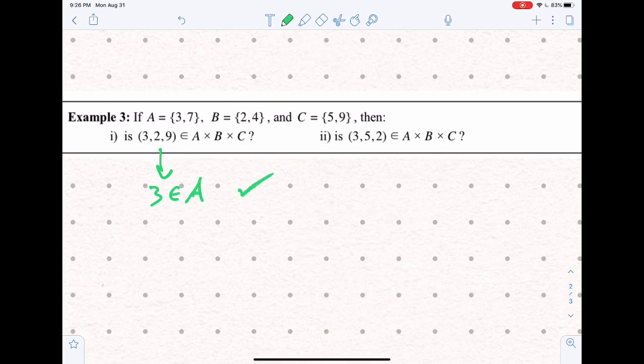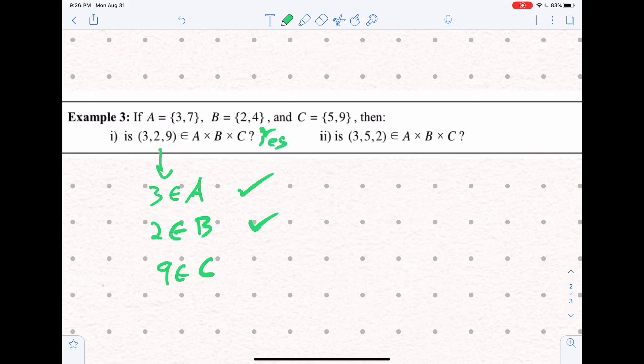Similarly, the number 2, the next one, is an element of B. Well, we can look up here at B, and you see that it is, since B has 2 and 4 in it. And then finally, is 9 an element of C? And you see that it is, C includes 5 and 9, so 9 is an element of C. So the answer to this number 1 question is yes.